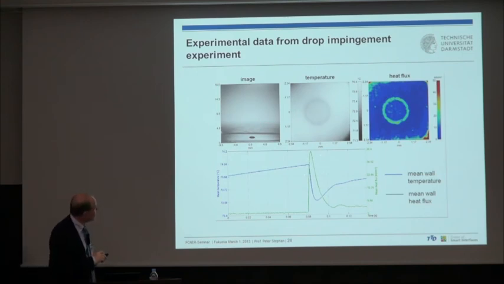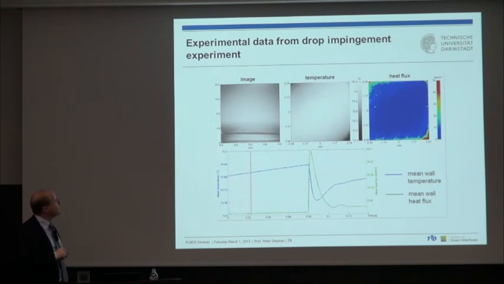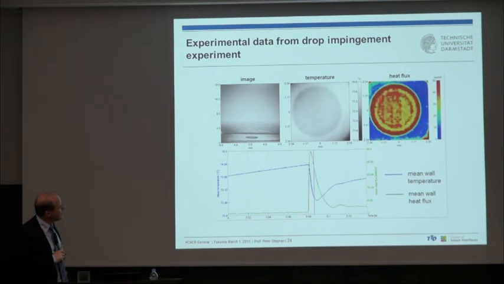I start this movie maybe once more, and then have a look here when the droplet comes and hits the wall, how it cools the wall in the mean values in the field of view, and you can see the ring-shaped strong cooling near the contact line. Here you see it.